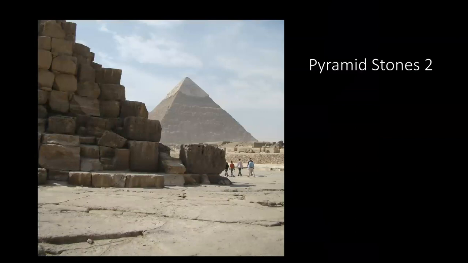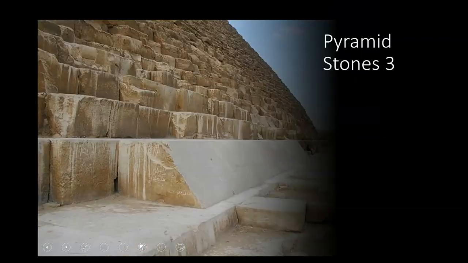Here is a third view of some of these rather large stones. So again, you can really see, particularly here, that these stones have definitely been shaped. Particularly this stone right here, you're not going to get a really long stone that looks like that in that shape. You're going to have to make that yourself. So this is something that we can take away from these.